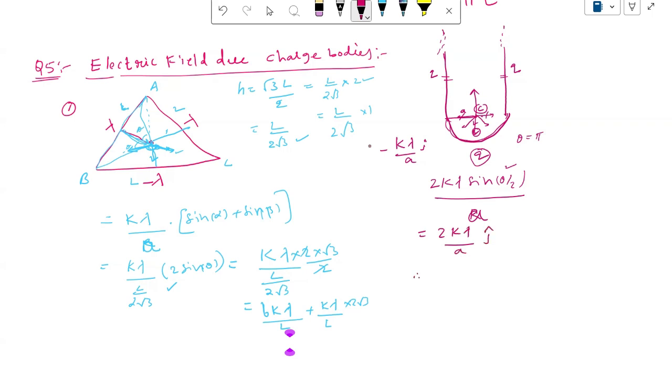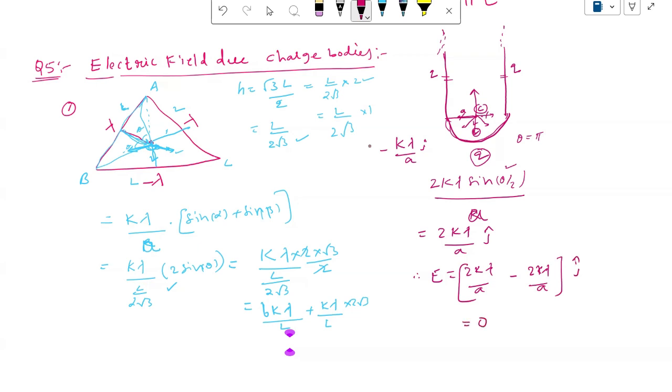Therefore, the total field at the center is equal to 2 k lambda by a minus, again, this will come k lambda by a, so that equals 2 k lambda by a j cap in total. So 0. So the field is 0.